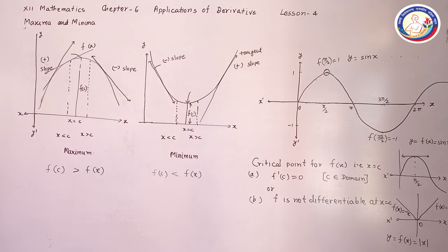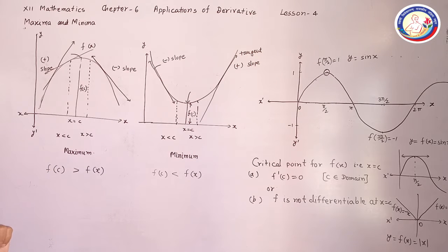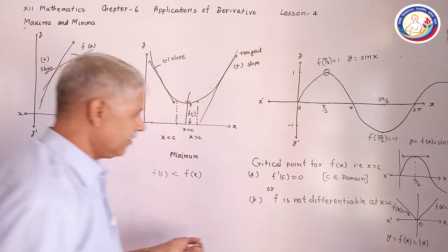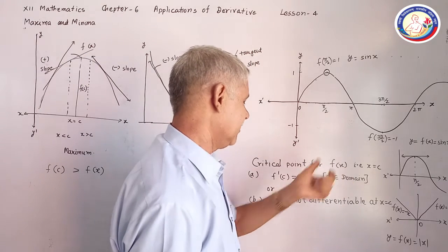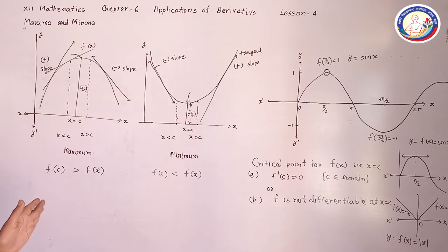maximum and minimum value. Now we come to understand where the maximum or minimum value will occur. For this, we first of all take the critical point for a given function. What is a critical point? The value of x where a maximum or minimum value occurs is called a critical point.